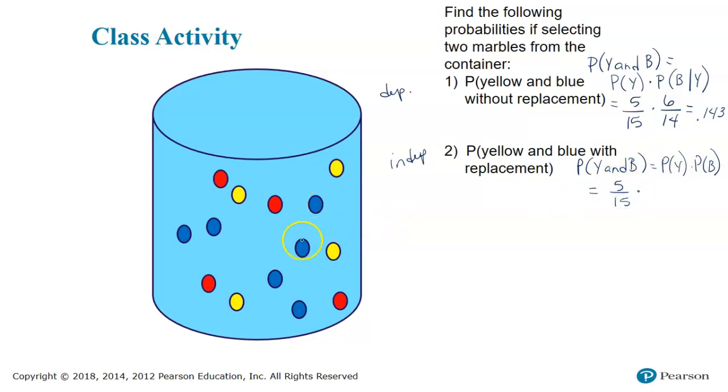And the probability of a blue is going to be 6 out of 15, because remember, we took the yellow out, but we also put it back. So when I do this calculation, I'm going to have 0.133 for that probability.